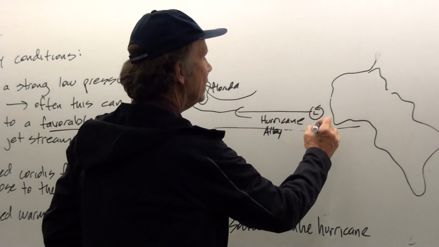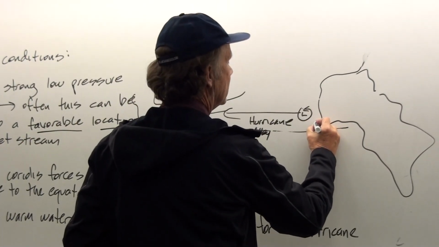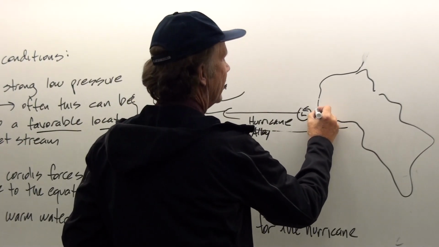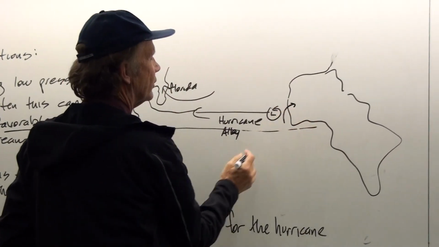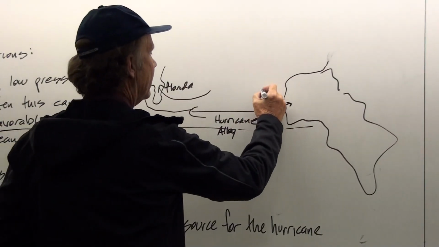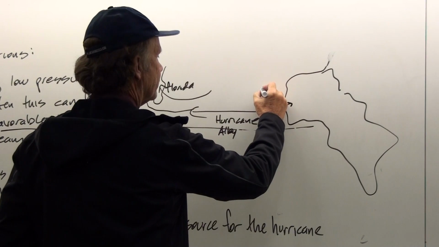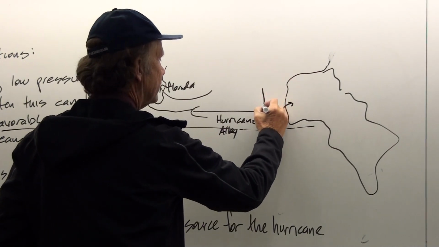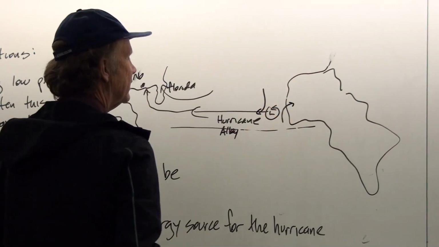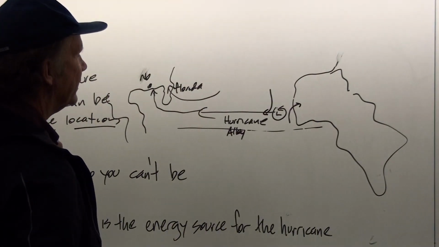And so air that's moving in a northerly direction will tend to be deflected toward the right, whereas air that's moving from higher latitudes down toward the equator will tend to be also deflected toward the right.